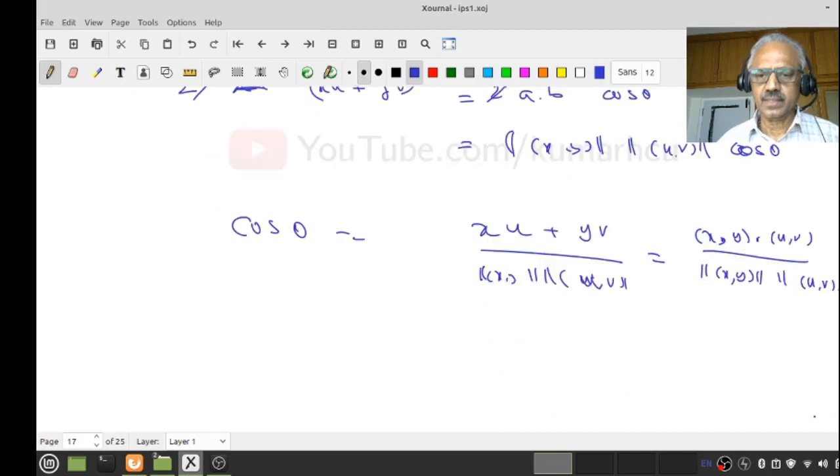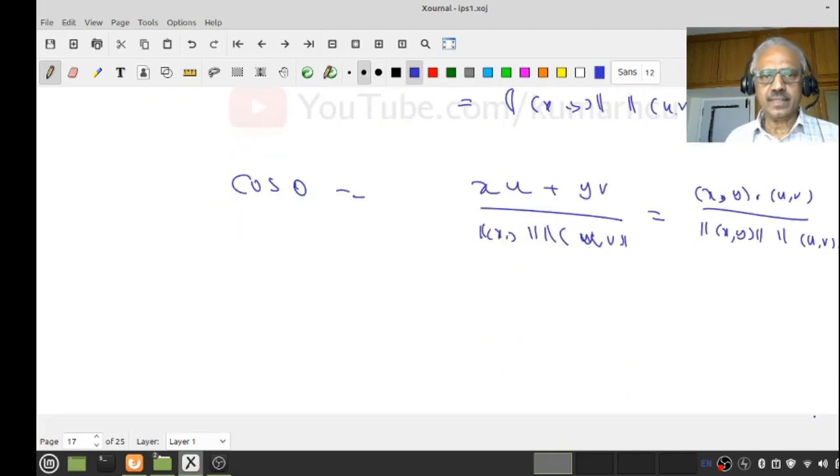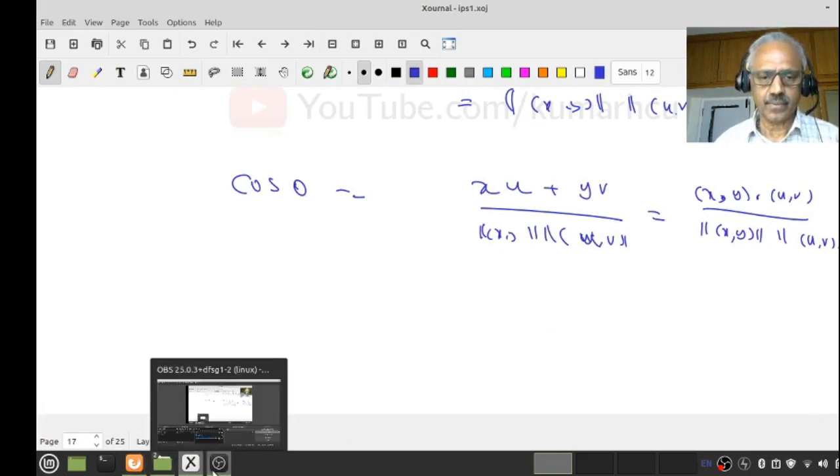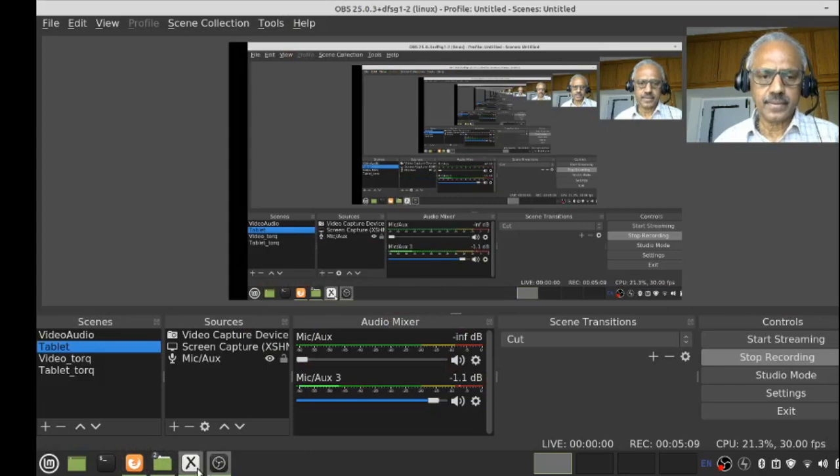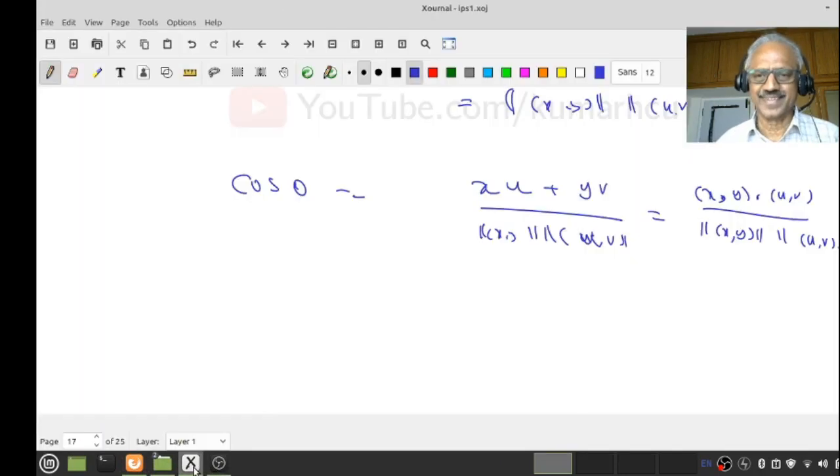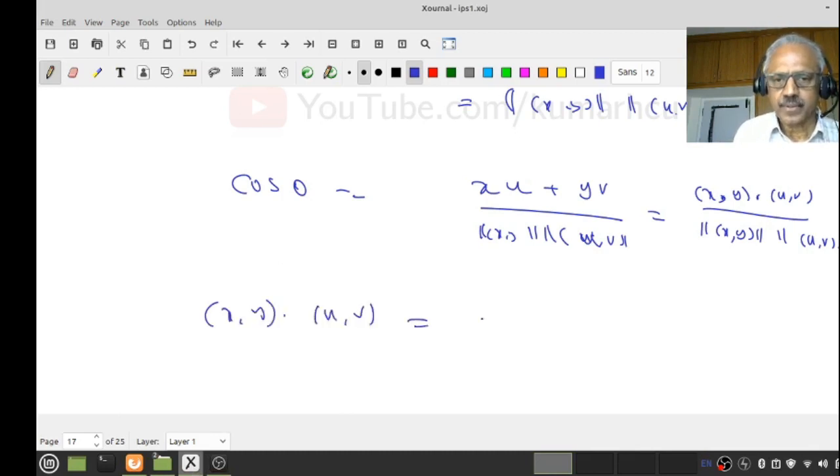You see that? So we again arrived at the formula, earlier using complex analysis. This time we used the law of cosines to arrive at the formula for the inner product. You understand? Therefore, the inner product (x, y) dot (u, v) equals xu, that is, multiply these two and then multiply these two and then add.